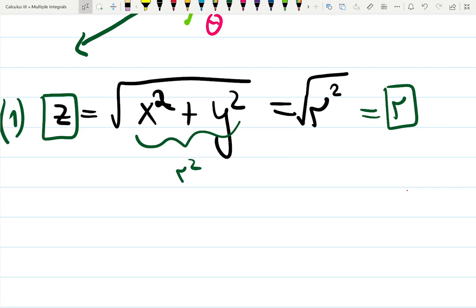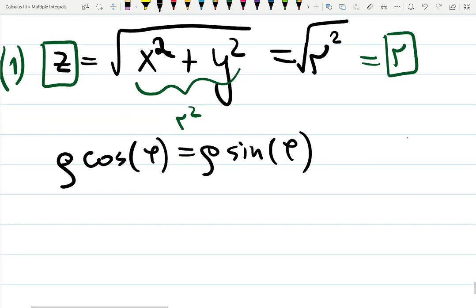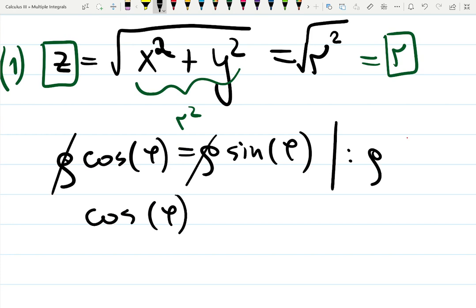45 degrees, so that's coming from here. Also, you can write down from the triangles: rho cosine phi equals rho sine phi. The sides are the same. Let's divide by rho. Since it's radius, it's not 0. When does cosine phi equal sine phi?